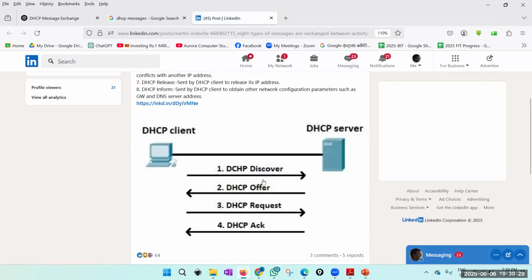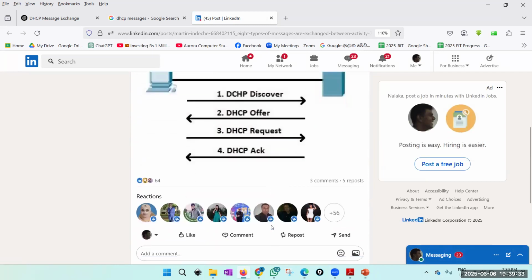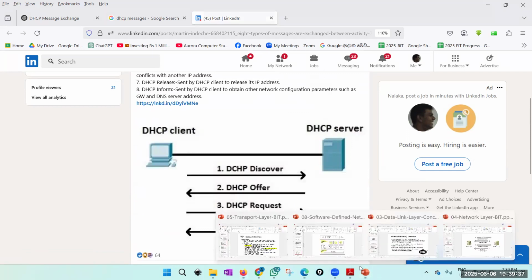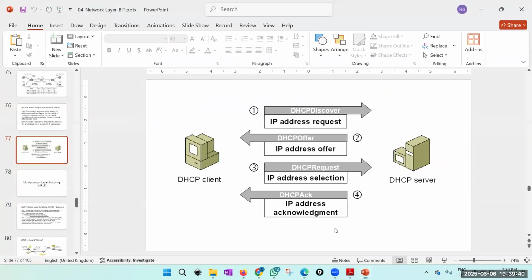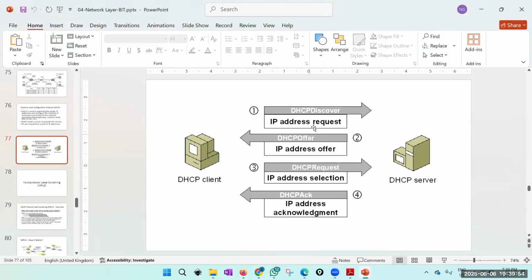Yeah, DHCP discover, offer, request, acknowledgement. Maybe I should add that to our note also, rather than the old one. Sorry, DHCP discover is there. Discover, offer, request, acknowledgement, right?